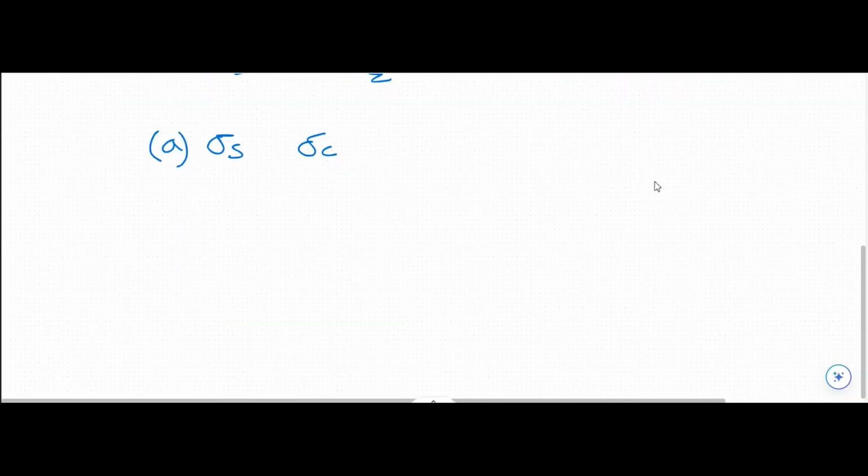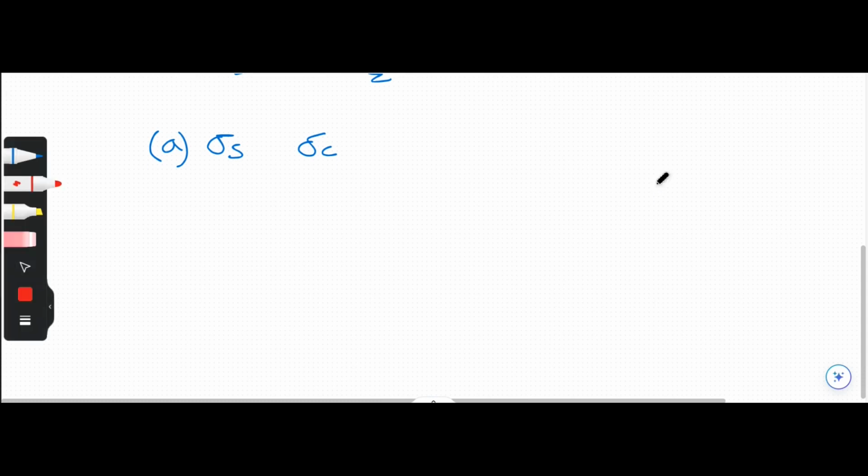We've got to work out now the stress in the steel and the stress in the concrete. So this is what we've got. This is the round bit, so you've got a round hollow tube, and that's the steel there.